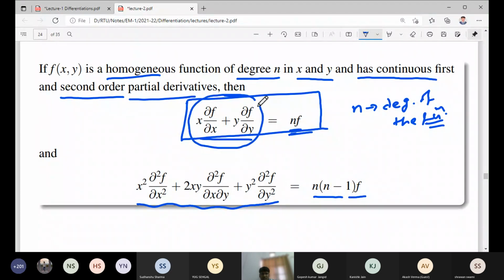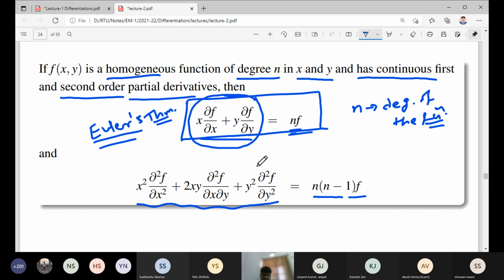Check whether your given function is homogeneous or not. If your function is homogeneous, then you can apply this Euler's theorem. Euler's theorem is applicable only for homogeneous functions. So when you have to find the value of this type of relation, apply this Euler's theorem. The value of this term equals nf.